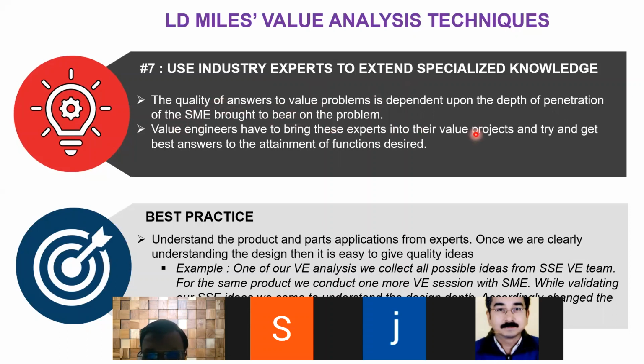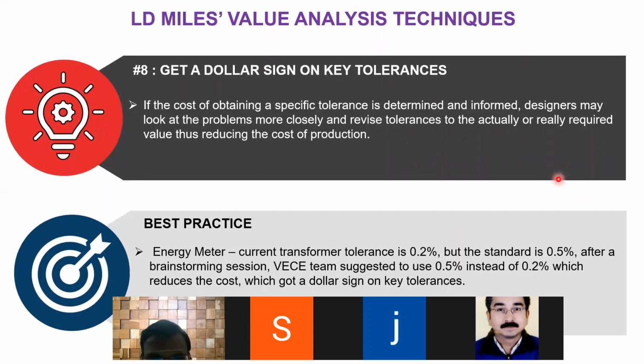The quality of the answers to value problems is also dependent upon the depth of penetration of the subject matter expert, how they bring the maximum value by analyzing the depth of the problem and the depth of the information. Value engineers have to bring these experts into your value projects and get the best answer to attend the best functions also. Okay. You can use the industry experts to achieve the value. So it is very much important.